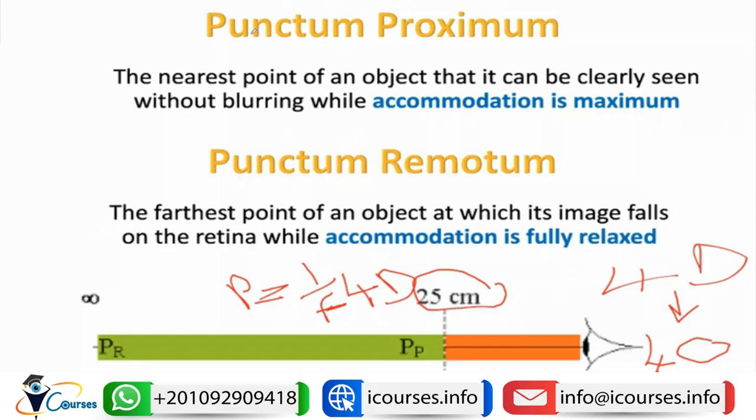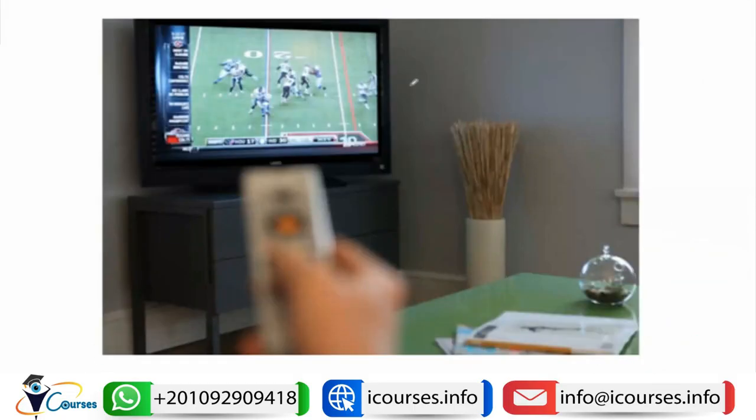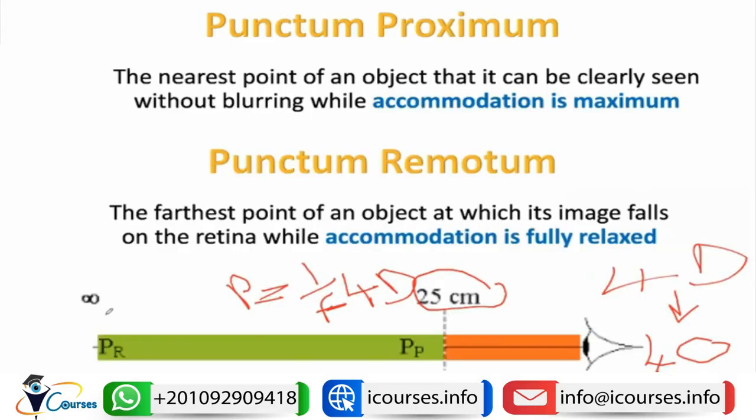So again, we just mentioned this to explain what is meant by the punctum proximum. When we are young, the punctum proximum is far from the eye. It could be about 2 meters, 1 meter, 70 centimeters, 60 centimeters, 25 centimeters.